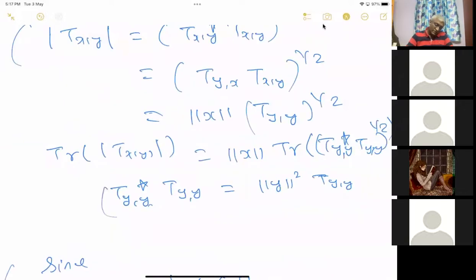So this implies you want to take the power half. Again, there is a power half. Ty, is it just Tyy?